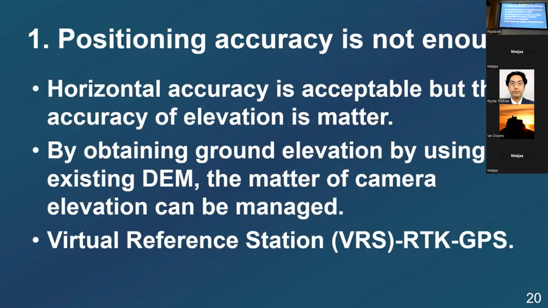By using the elevation of the ground, the height of the camera relative to the ground is easily measured. So the camera elevation can be well obtained by using the DEM.